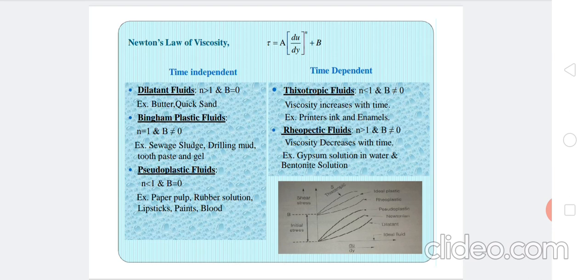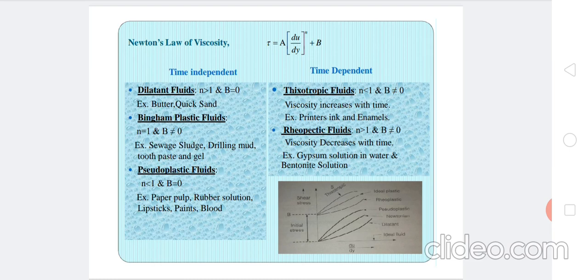Non-Newtonian fluids are categorized into two types: time independent and time dependent. Time independent fluids are dilatant fluids, Bingham plastic fluids, and pseudoplastic fluids. Dilatant fluids: n greater than 1 and B equals 0.